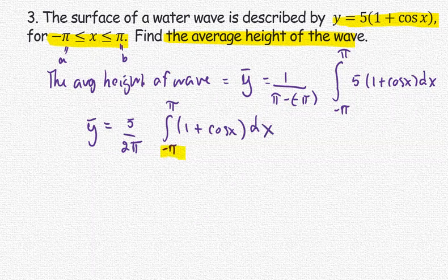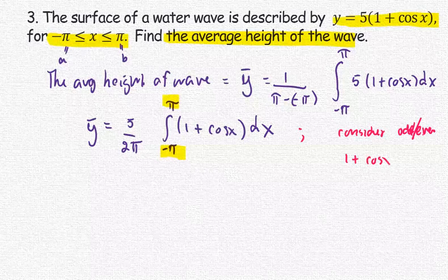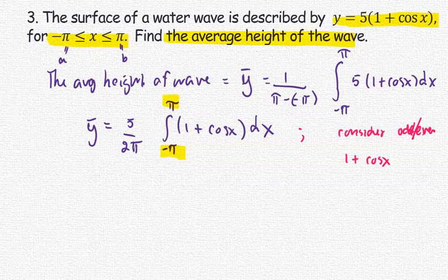Notice that the lower limit and upper limit are in the form of negative a and a, so we think about the odd-even function property. For our case, we look at 1 plus cosine x. Ask yourself the question, is that odd or even? The answer is an even function.